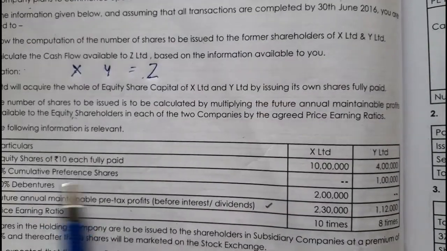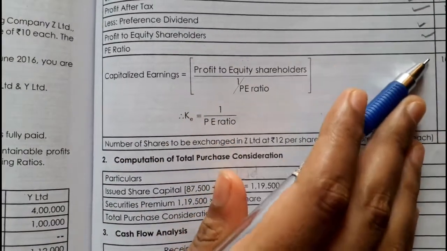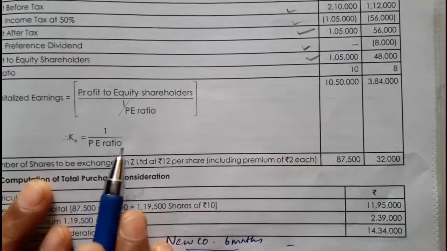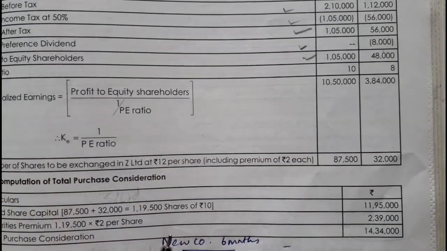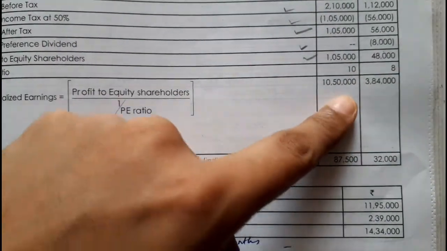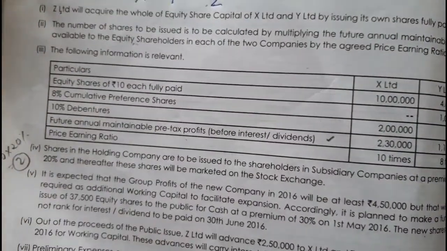So we'll pay 8% on 1 lakh of Y Limited, which is 8,000. Reducing it, we'll get the profit to equity shareholders. Now this profit we have to capitalize with the P/E ratio. The P/E ratio is 10 and 8. Dividing this, we'll get 10,50,000 and 3,84,000.